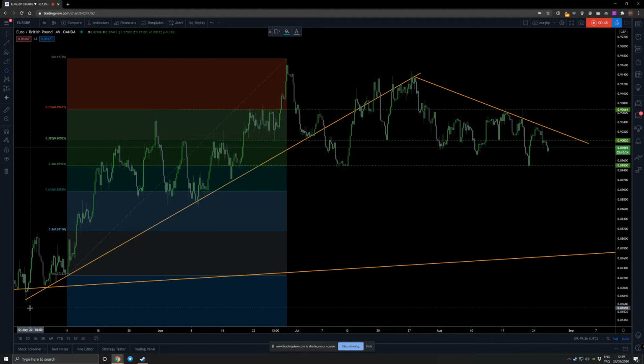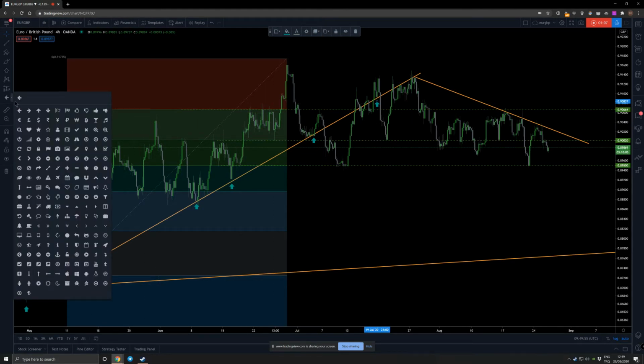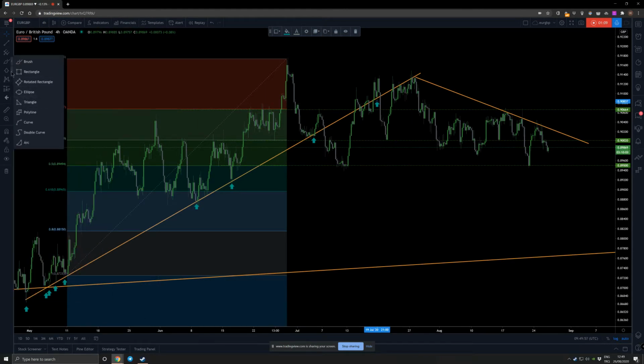So we had this support level start from here again and again, and it was broken, okay? Then it came back up here, and of course support becomes resistance this time, okay?